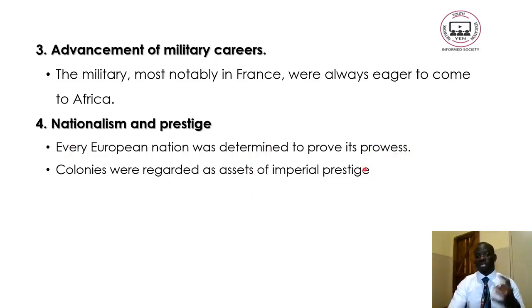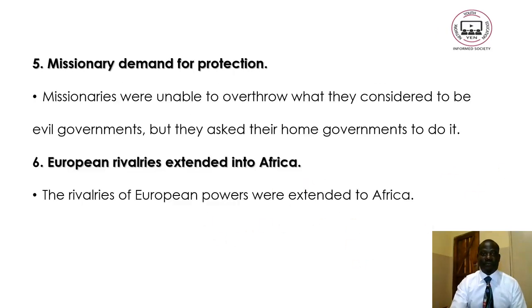They wanted to show that they were strong. They could have their own country, and apart from their country, they could also dominate another territory outside it. So to have a colony, or to dominate other areas outside their countries, was also regarded as a prestige to the European countries.